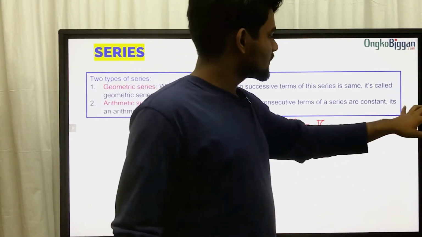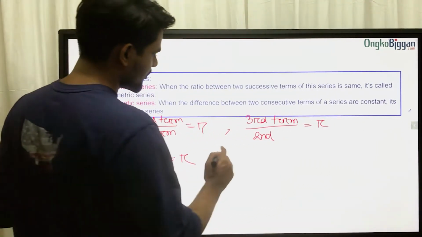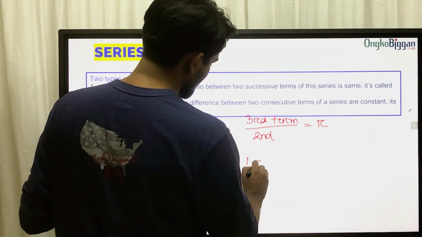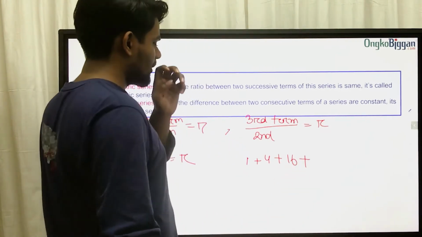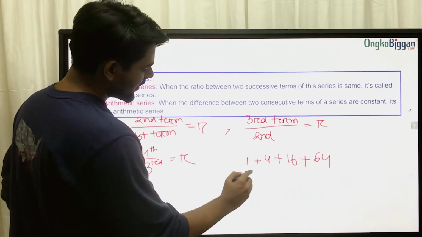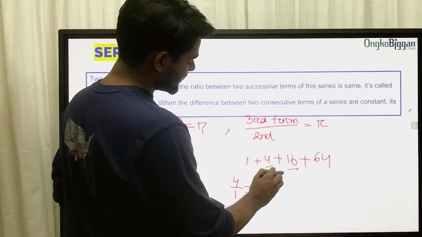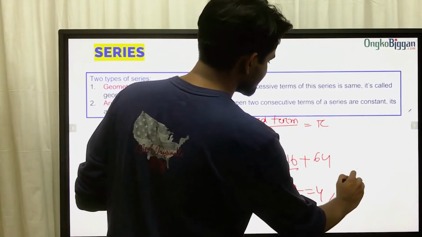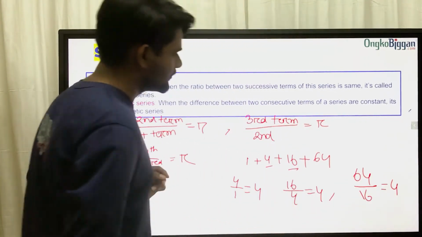Some examples of geometric series: 1 plus 4 plus 16 plus 64. Here 4 divided by 1 is equal to 4, 16 divided by 4 is also 4, and 64 by 16 is also 4.